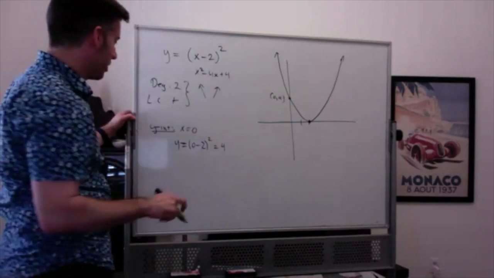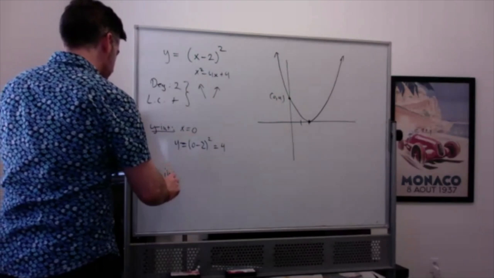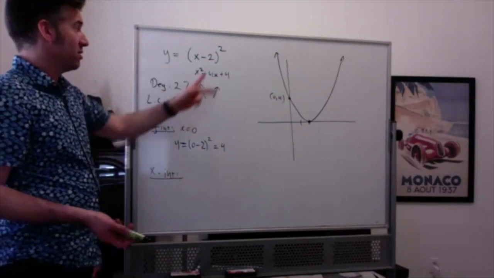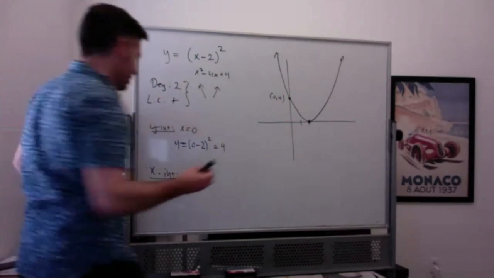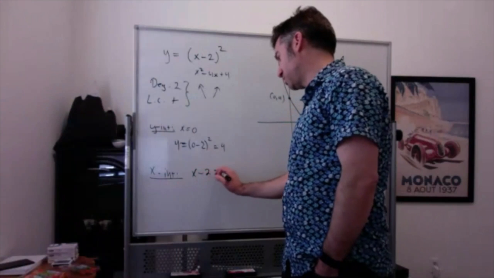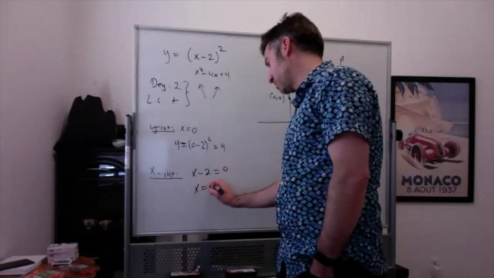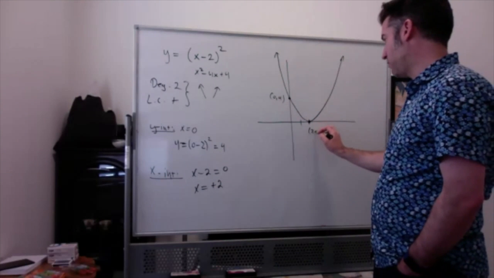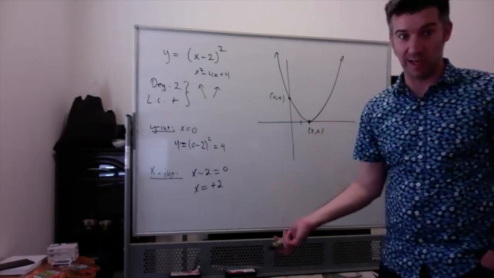That's okay. The x-intercepts, again, I get by setting each factor equal to 0. My only factor really is x minus 2. You can set (x minus 2) squared equal to 0, but you really want to set x minus 2 equal to 0, which means x equals positive 2. So there's my (2, 0). That's my x-intercept.